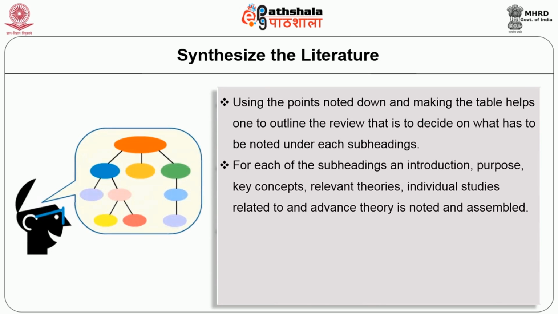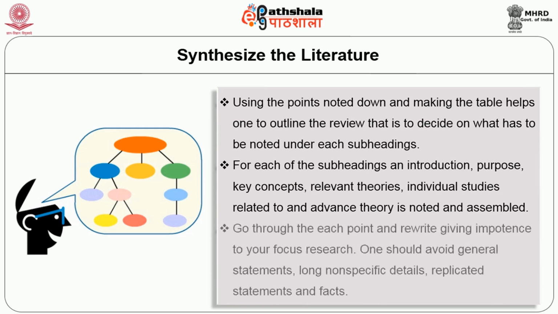For each of the subheadings, an introduction, purpose, key concept, relevant theories, and individual studies related to an advanced theory are noted and assembled. Go through each point and rewrite, giving importance to the focus of your research. One should avoid general statements, long, non-specific details, replica sentences and facts.